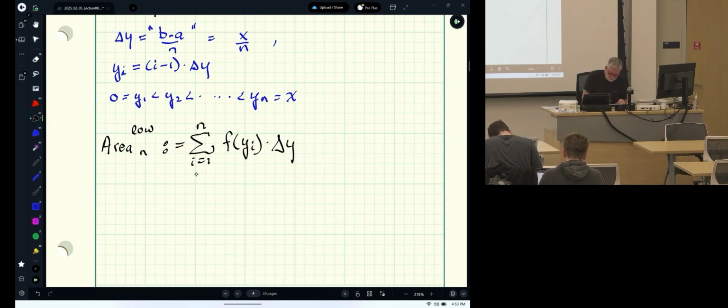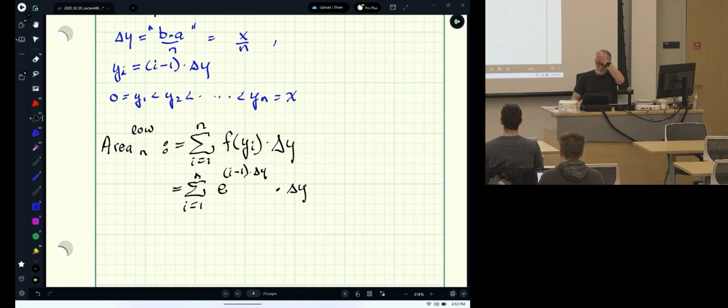Okay, and so now it's almost turn the crank. We've got to plug in, i from 1 to n, f of yi is e to the yi, which is i minus 1 times delta y. And then we still have delta y multiplying the value of the function. So that's the area under the lower approximation.